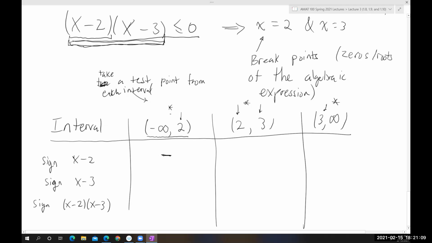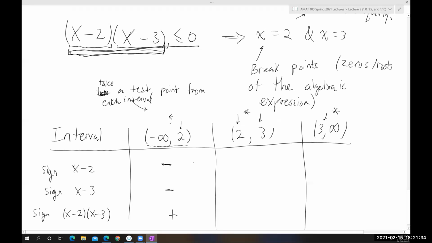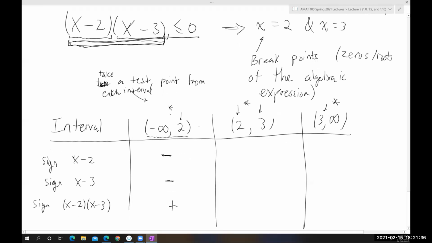When you take that same test value, 0, and plug it into this factor right here, you get -3. So on this interval, the other factor is also negative. A product of negative numbers will give you a positive number. So the overall sign will be greater than or equal to 0.